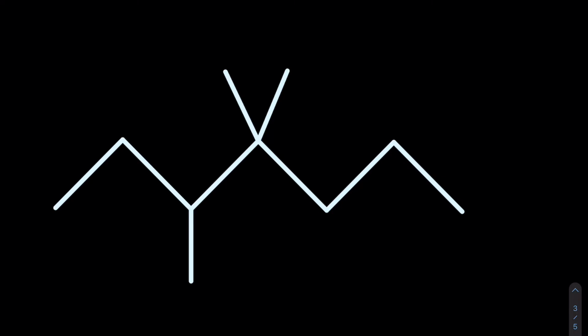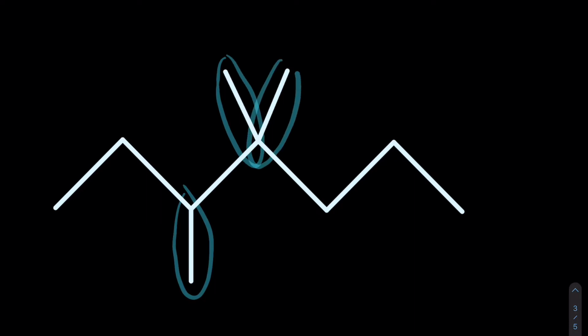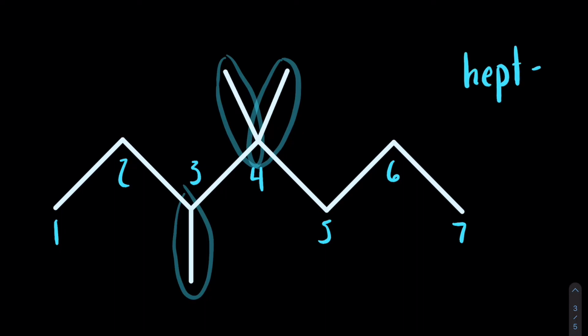This one, we see we have 3 substituents. We have one right here, and then we have another right here, and another right here. You may be wondering, how do we go ahead and name this? Go back to the rules. We got to make sure to number the longest parent chain. 1, 2, 3, 4, 5, 6, 7. So notice this is hept. That's the prefix.